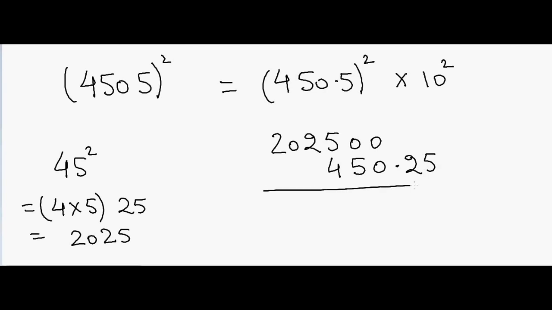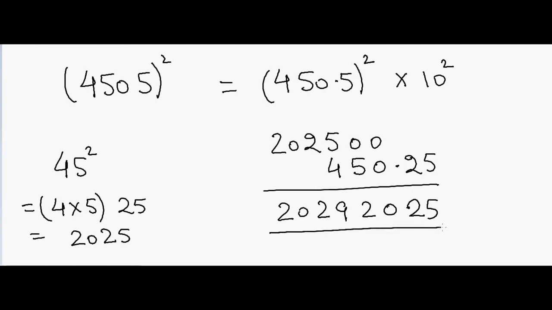So the answer will be equal to 202,920.25. We have to multiply by 100 anyway, so the answer will be equal to this. So this is the square of 4505. This is how you can get this fairly complicated squaring done easily using this method.